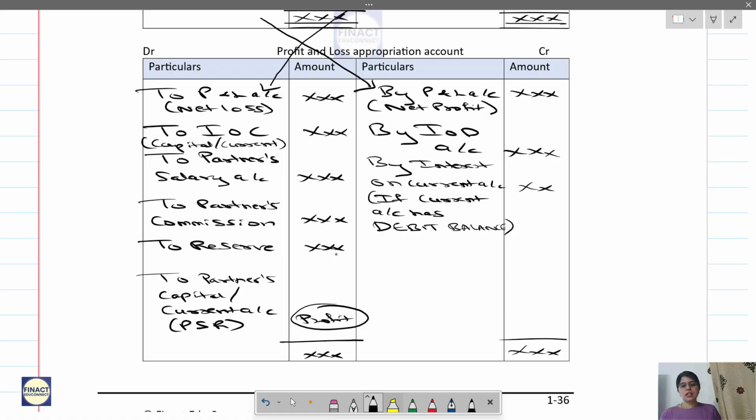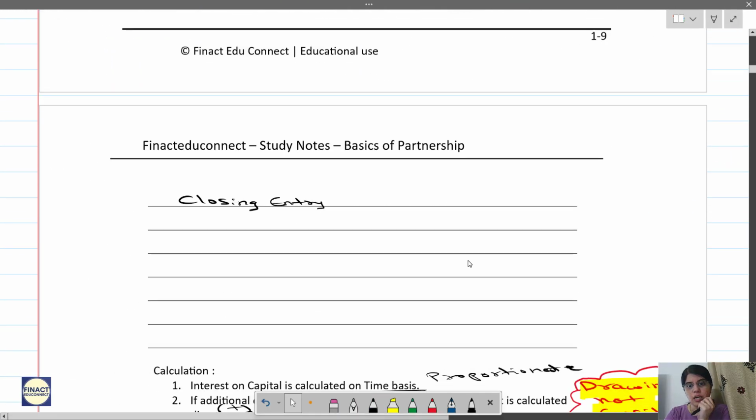Did you understand this format of profit and loss appropriation account? Now let us go to each and every type, that is interest on capital, interest on drawings, and let us pass the closing entries, whatever are pending for them, and then we will see how to calculate partner's commission. Interest on capital closing entry.